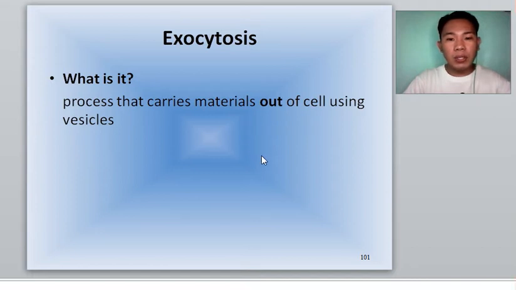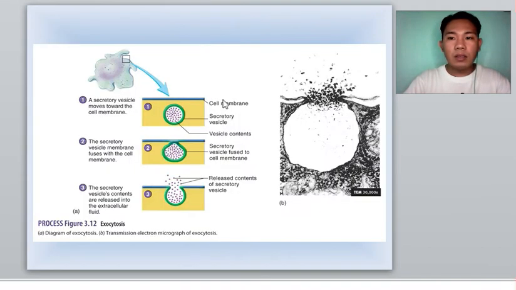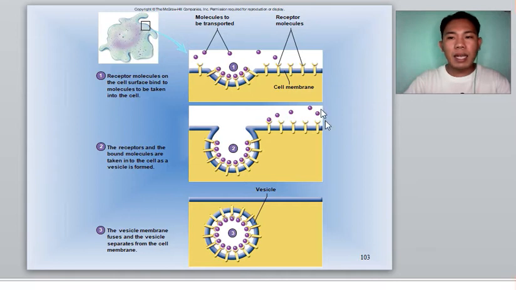In reverse, of course, we have exocytosis, a process by which materials go out of the cell using a transport vesicle. So this illustration is an example of exocytosis. This one is an example of endocytosis.